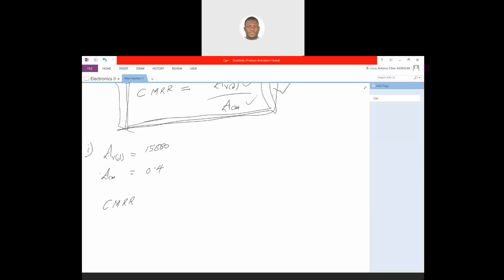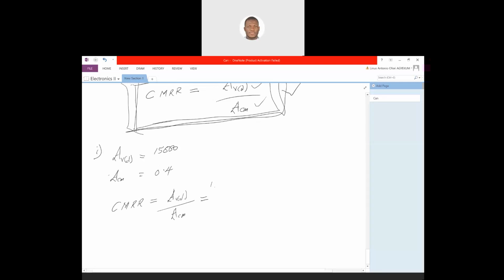Now we are being asked to calculate the CMRR, which is common mode rejection ratio. It says determine the common mode rejection ratio in decibels. Now the formula you see here is not in decibels. However, if we use the formula to do our calculation, there is a way we can convert it into decibels, so don't panic.